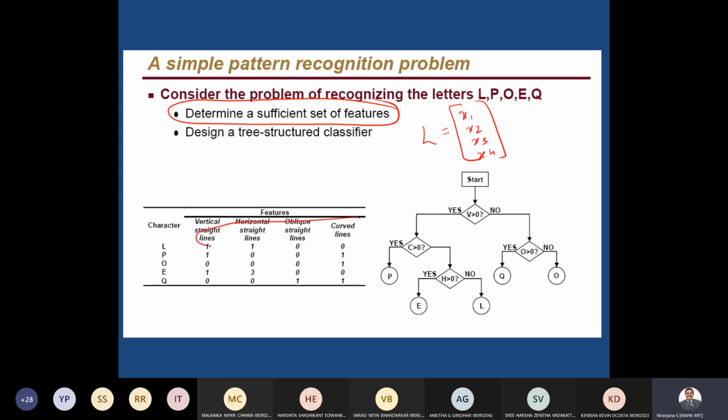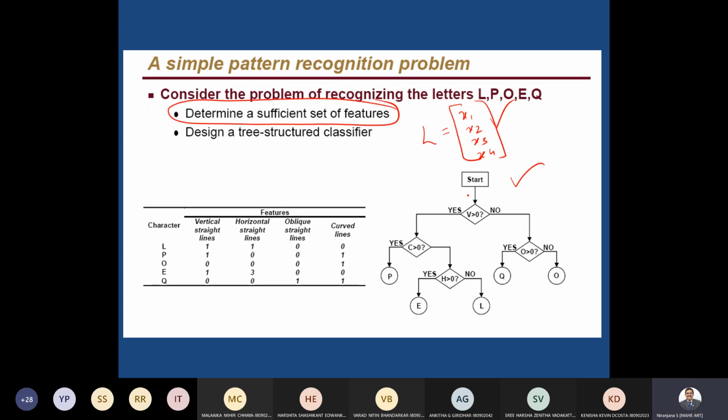This thought helped us represent the pattern digitally, as a vector, 1, 1, 0, 0. So once you design this vector, you can use it for developing a tree also.